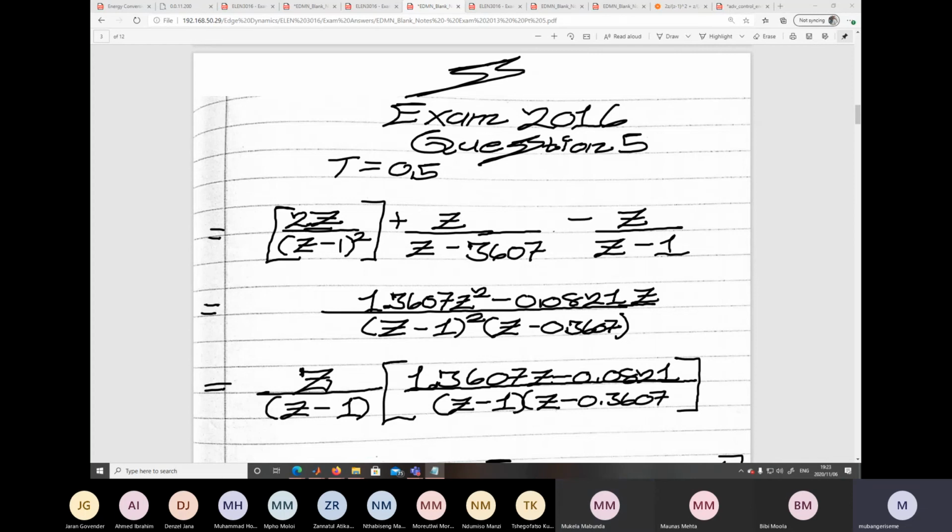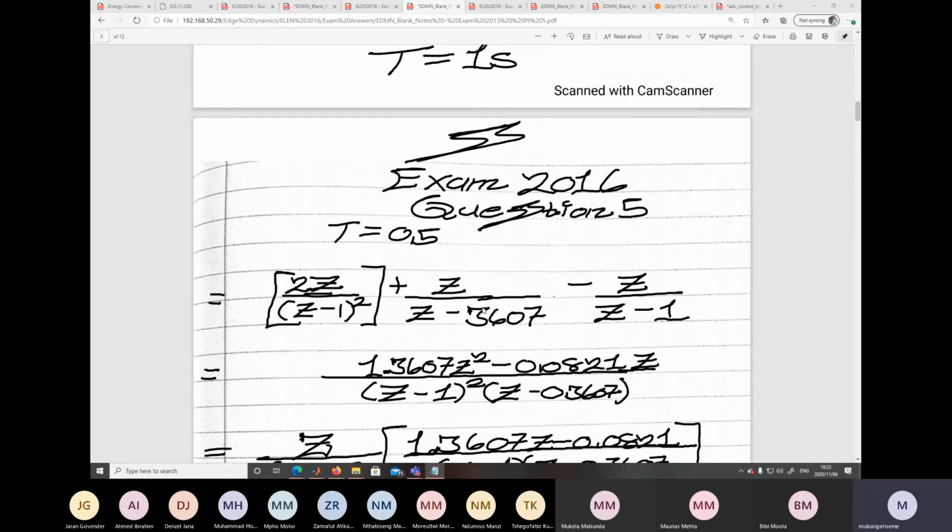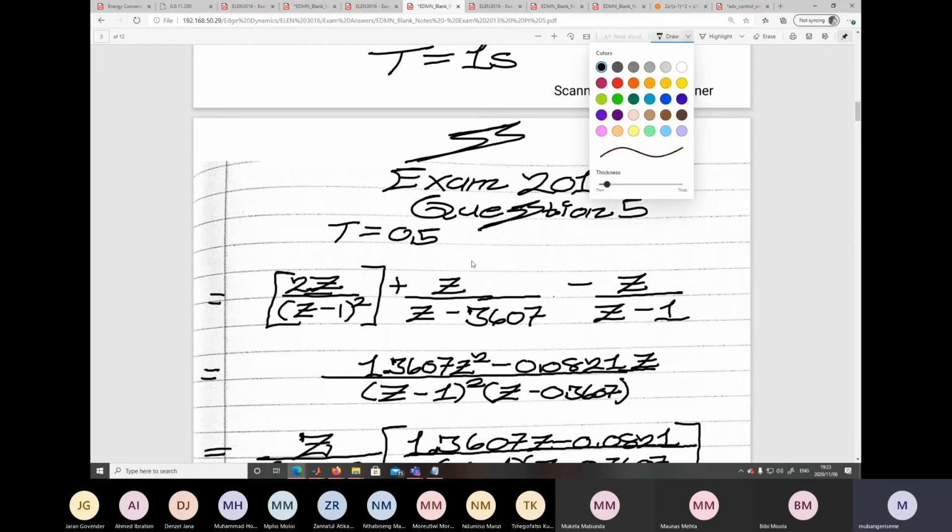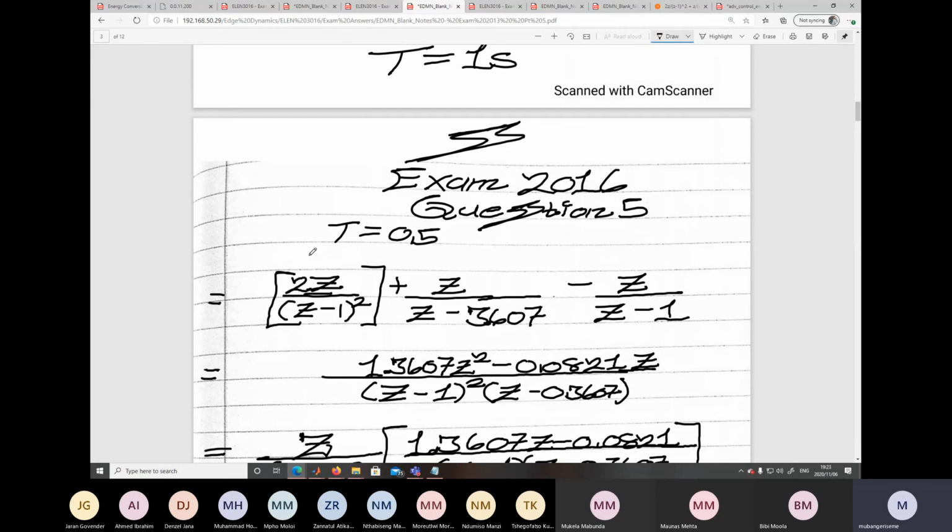1 over Z squared minus there's a point here. This is 0.3607. 0.607. Okay, cool.